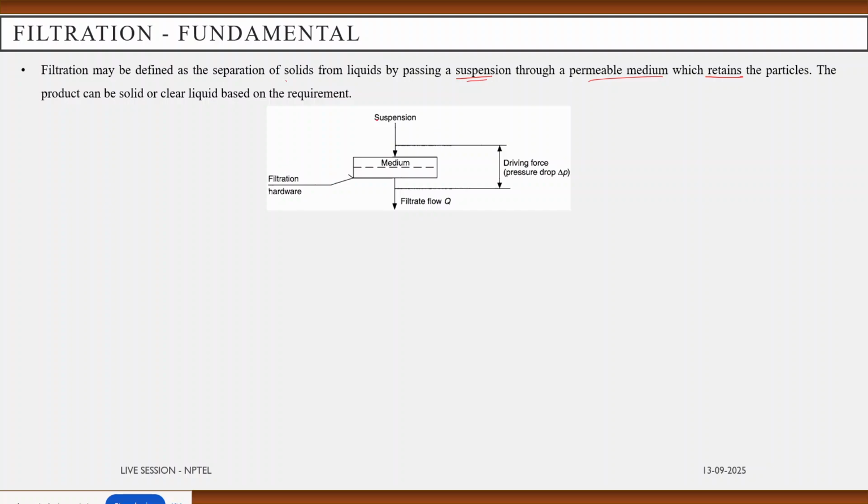So you can see this is a simple schematic diagram that represents the filtration process. This box denotes the filtration hardware, and it has some filter medium which has certain porosity.